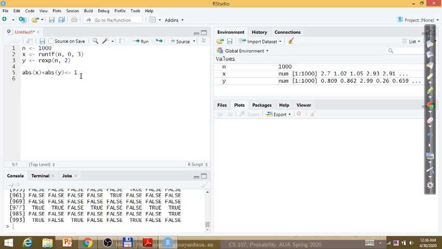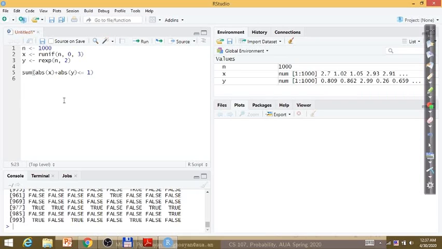Now I need to find how many points I have. I have falses and trues. To calculate the number of elements that satisfy this inequality, I'm just summing the trues and falses. Because false is 0 and true is 1, I will have the sum of trues, the number of points that are inside that region.